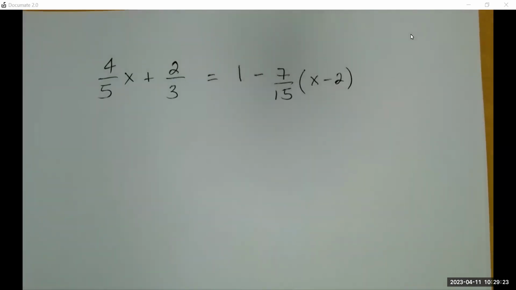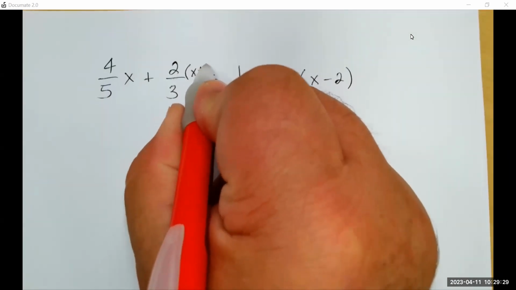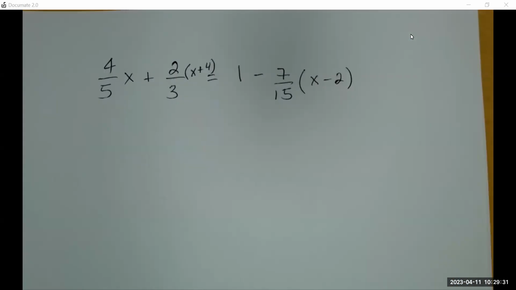There. And let's put some more stuff in there. There. So that's an x plus 4. My hand got tired. Good afternoon.